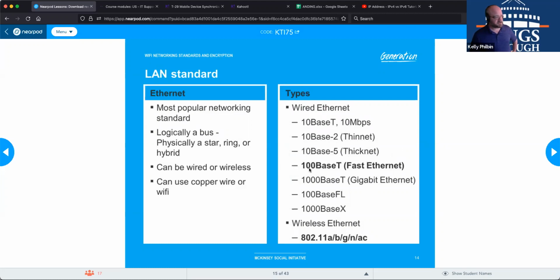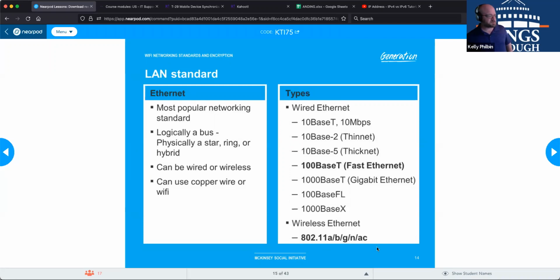Then you have fast Ethernet, which is 100 base. Gigabit is 1000, because 1024 equals 1 gigabit. And then you have FL and X, which I believe are fiber. Maybe wrong, I'll have to double check this. A lot of those to remember, unfortunately.